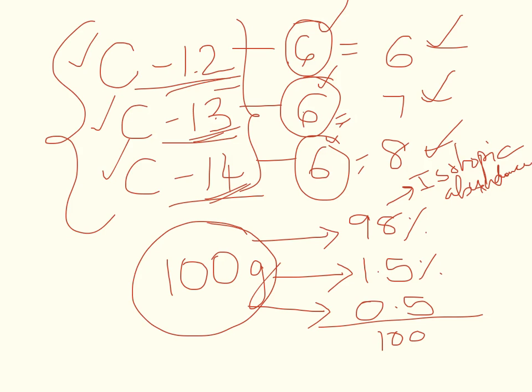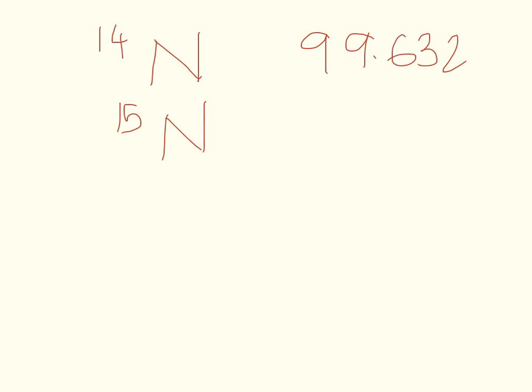Okay, now let's go to a real example. Nitrogen has 2 isotopes, nitrogen 14 and nitrogen 15, with 99.632% and 0.368% abundance.